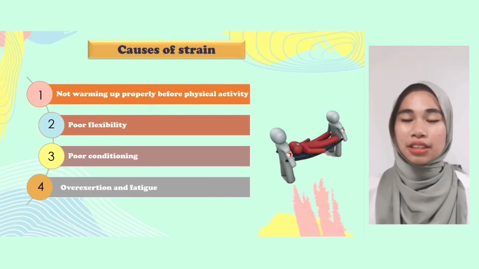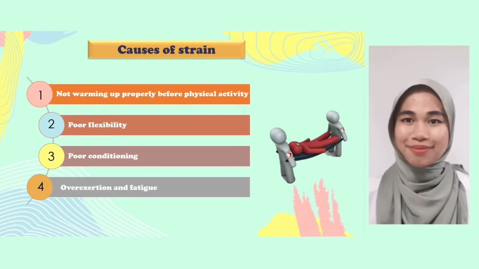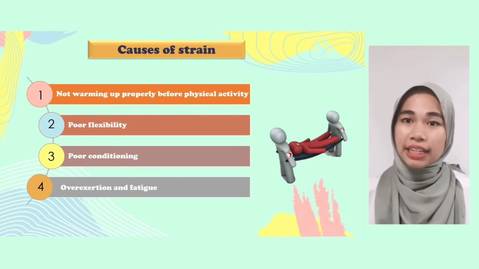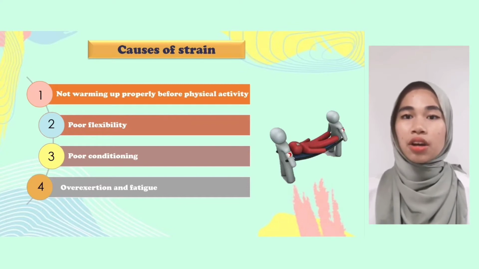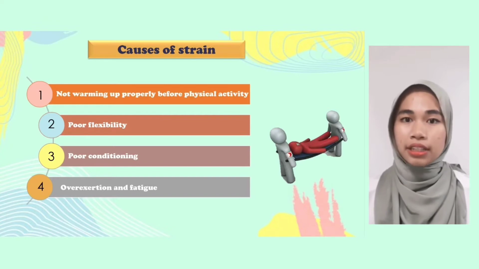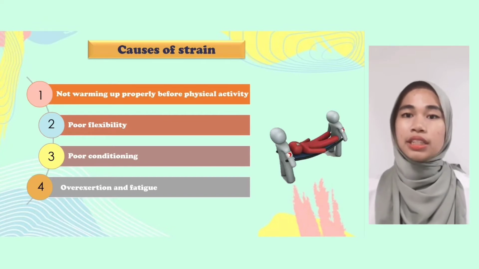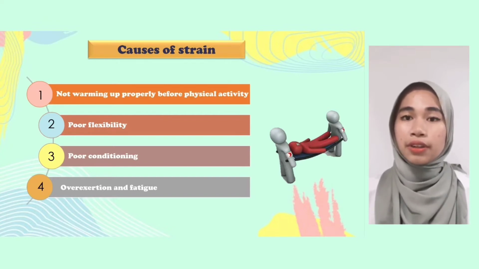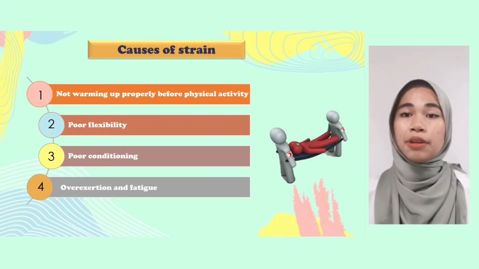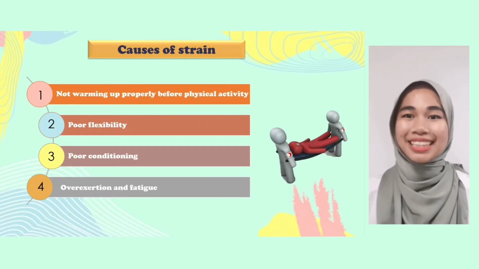I will continue the presentation, which is sprain and strain. So today I will explain the causes of muscle strain. Causes of muscle strain are divided into 4 categories. For the first, not warming up properly before doing physical activity.